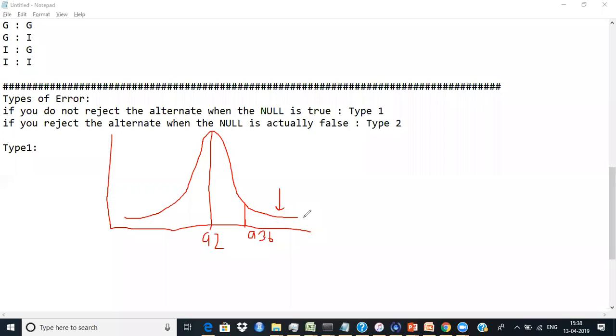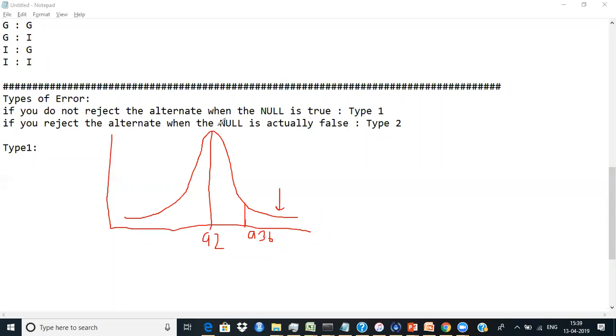What is the right-hand side area? Understand this: the distribution is under the null hypothesis, so the area to the right is the probability that you have got the sample and the null hypothesis is true.